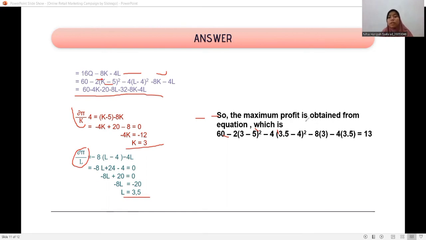So the maximum profit is obtained from the equation, in which we substitute K equals 3 here, and L here we put this 3.5, until we get the result. Maximum profit, that is 13.